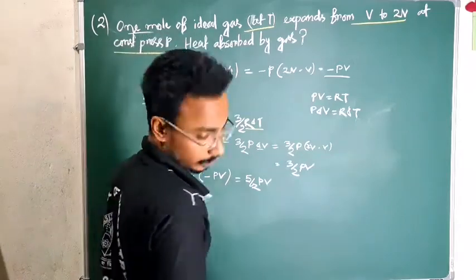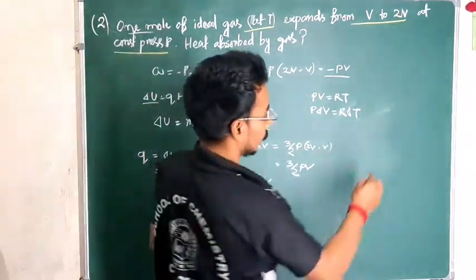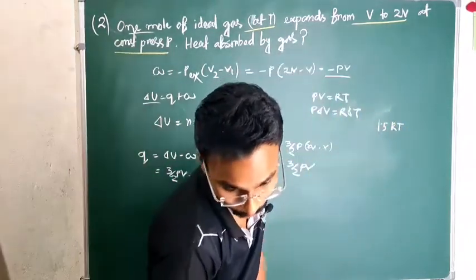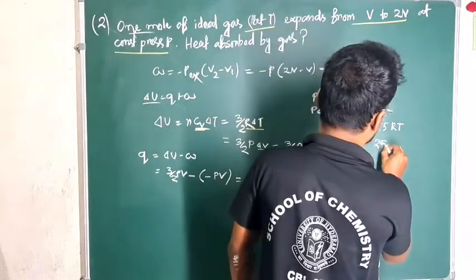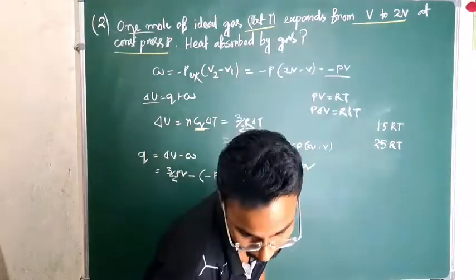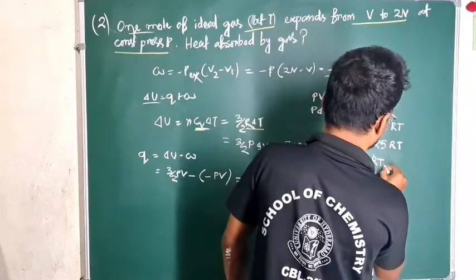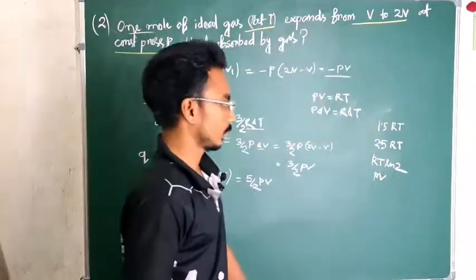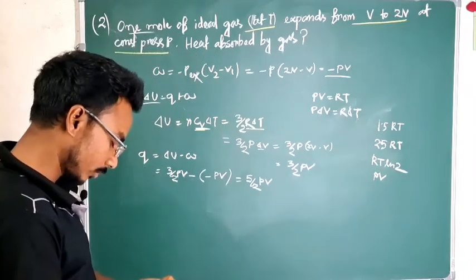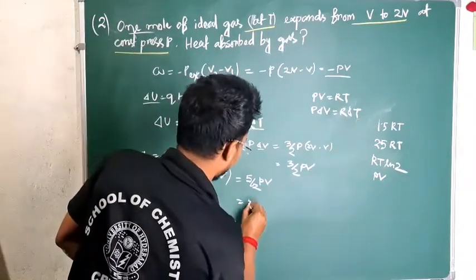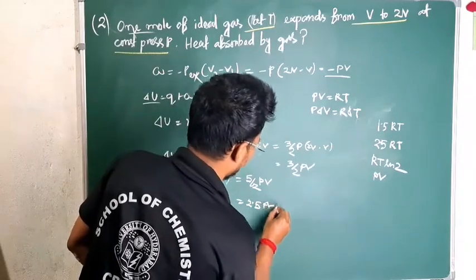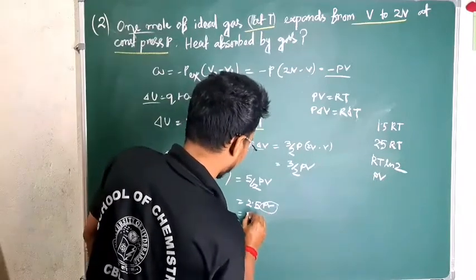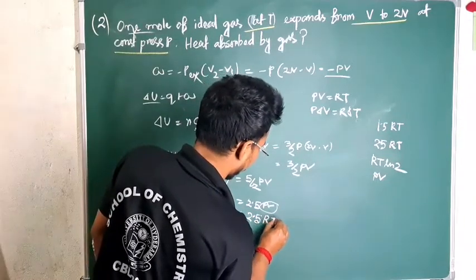The options given here are 1.5 RT, 2.5 RT, RT ln 2, PV. So what will be the answer now? Tell me. We can write 2.5 PV. So the answer is given in RT. As it is ideal, we can write 2.5 RT.